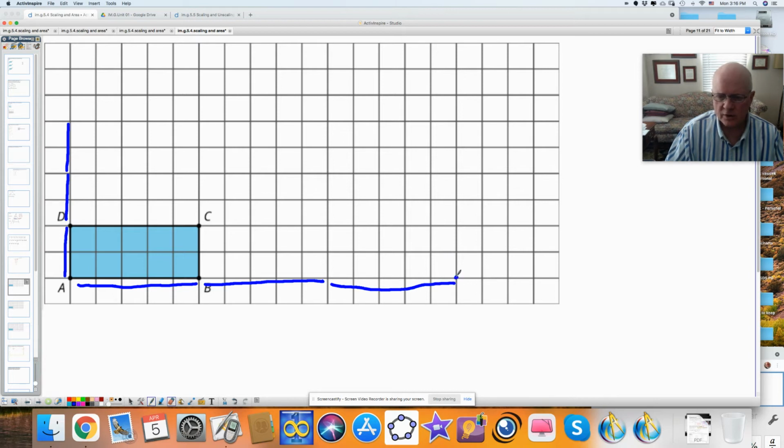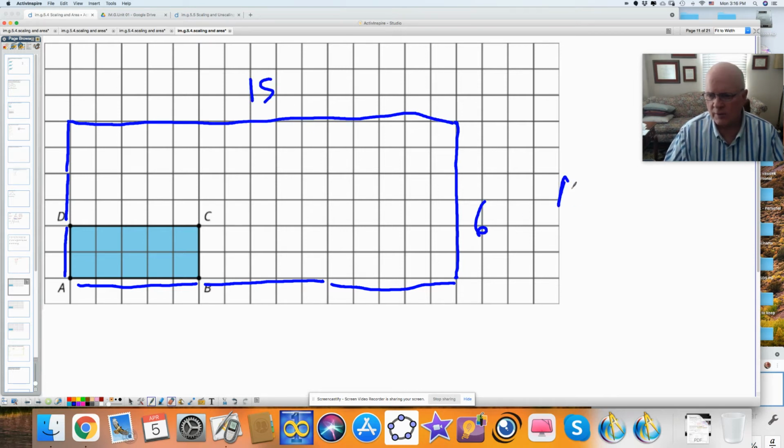So we're going to go over to here, and then I'll go up to this point. You could do it diagonally, or you just go straight up and down the vertical up to that point and straight across on the horizontal. And this is 15 by 6. So again, my area is equal to length times width. I have 15 times 6, which is equal to 90 units squared.